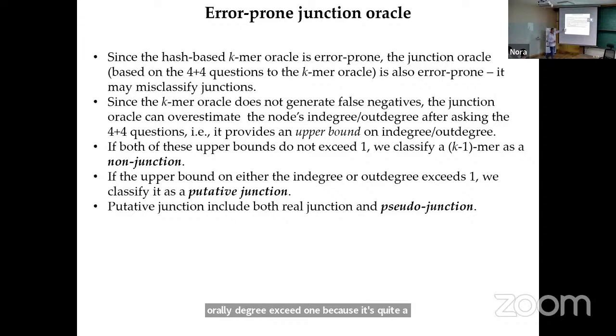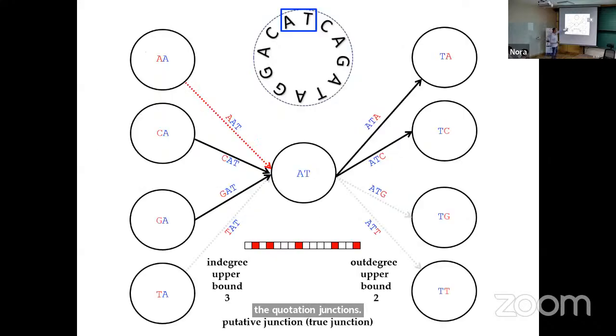And since we have potentially false junctions, the putative junctions include both real junctions and pseudo junctions. For example, the same example as before. Previously, we classified AT as a junction, and we computed its in-degree as 2 and out-degree as 2. But with this hash table, we may have a fake k-mer, a false positive, and we estimate the degree as 3, but it's still a putative junction. We still classify it as a potential junction.